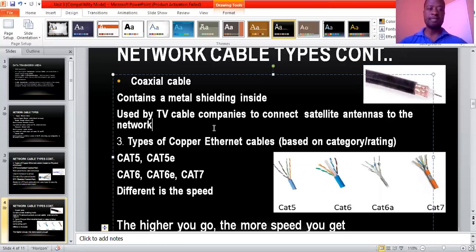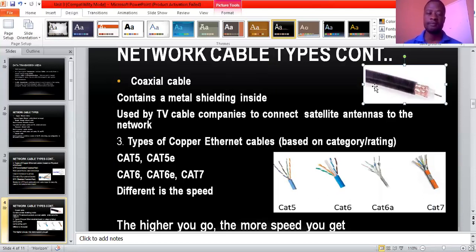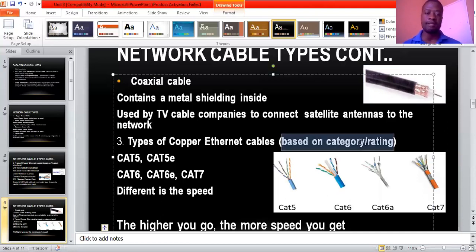So those are the 3 types of copper Ethernet cables based on the structure, because we basically look at the structure here. Now let's look at the third one, the types of copper cables based on the category or rating. We have Cat 5, Cat 5E, Cat 6, Cat 6A, and Cat 7.